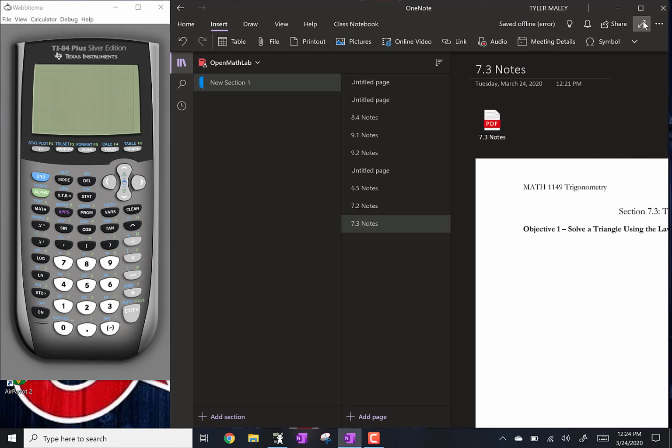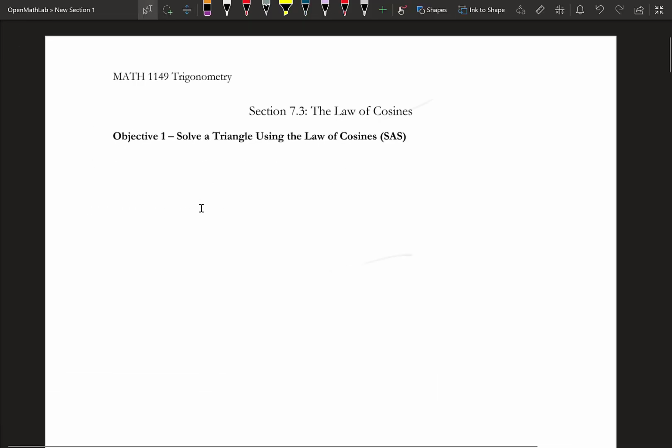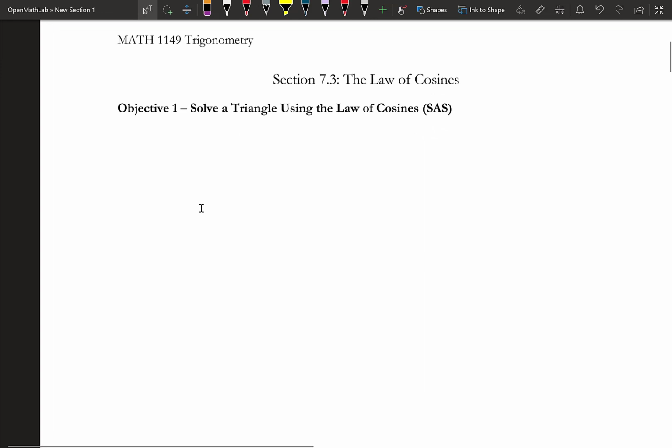So let me just switch to full screen here. Just as a reminder, we will use the law of cosines for these cases.